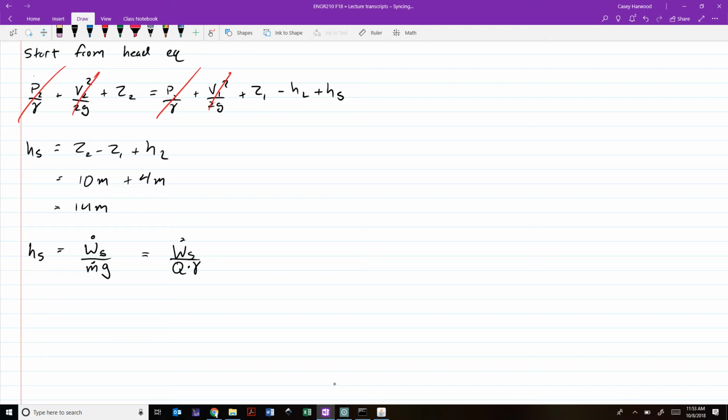Sorry, we're solving for Q. We know that shaft work rate is equal to 50 kilowatts, because that's the pump power that we are given in the statement for the problem.